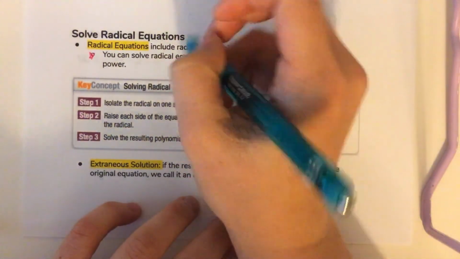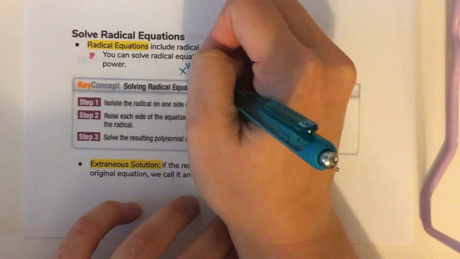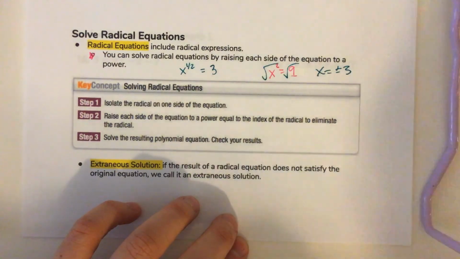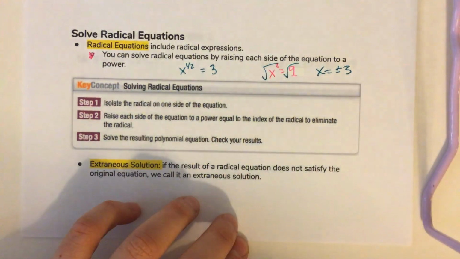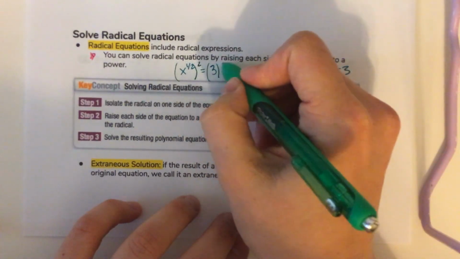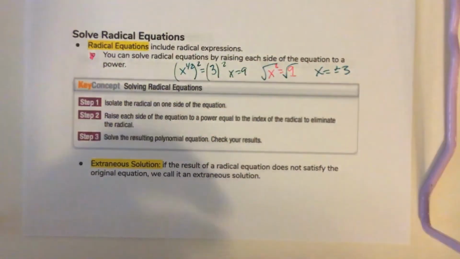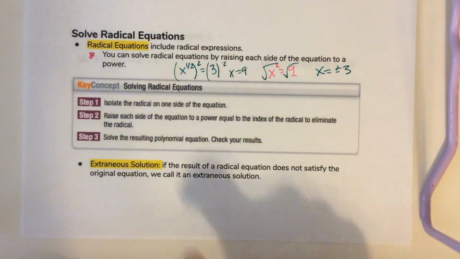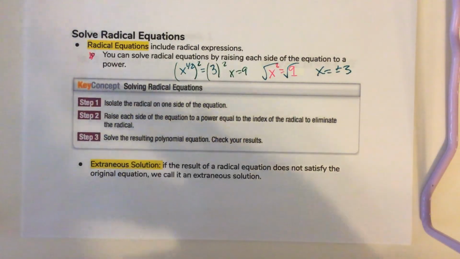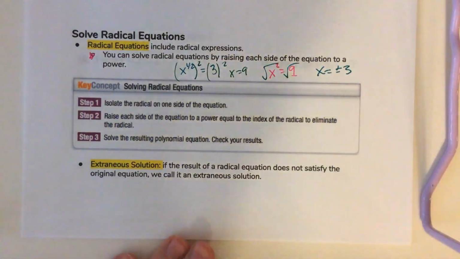So if this was x to the 1/2 equals 3, to solve this, we want that 1/2 to become 1. So we would square both sides to get that x equals 9. And it's just kind of going back and forth like that. And then for these equations, our final step is just going to be to finish solving the equation for x.